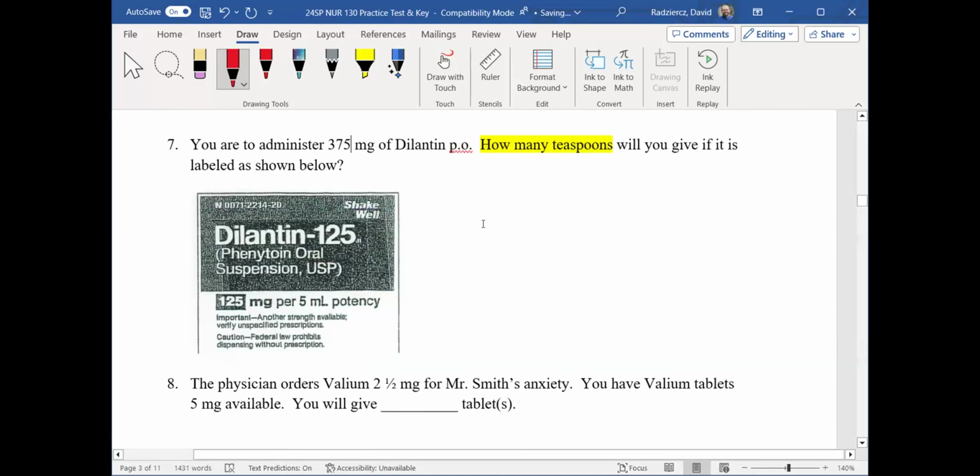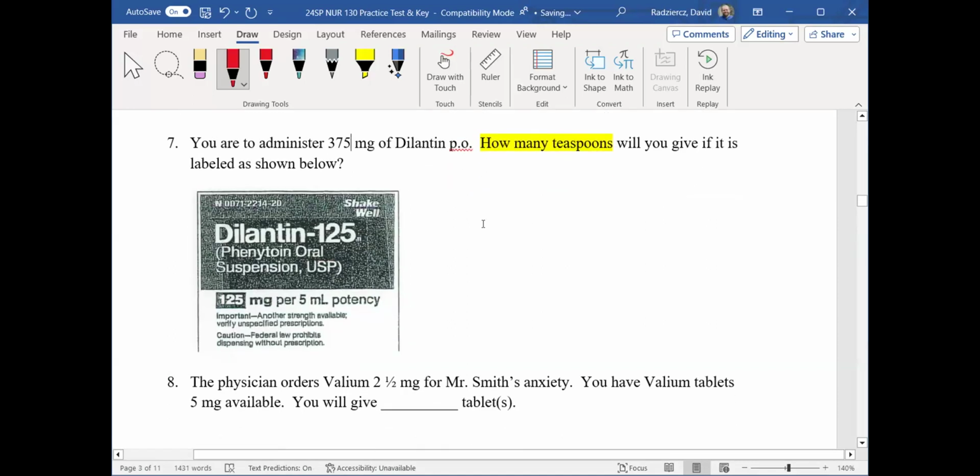All right. So this says if you ordered 375 milligrams, how many teaspoons would you administer? You have to pay attention: if it asks for teaspoons, give it teaspoons. If it asks for milliliters, then you give milliliters. And you're just going to do ordered over available. My order, 375.